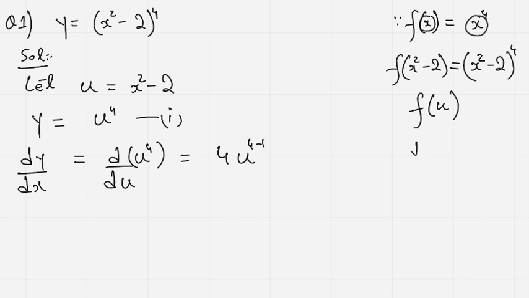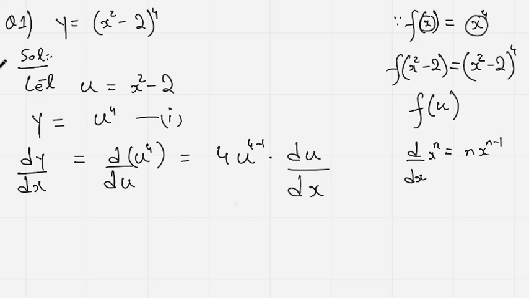I'm using the simple formula, the derivative of x^n is nx^(n-1). Now, as this u was not the original variable, it was something that I assumed, I have to bring my original variable back. So I'm going to differentiate this u with respect to my original variable.